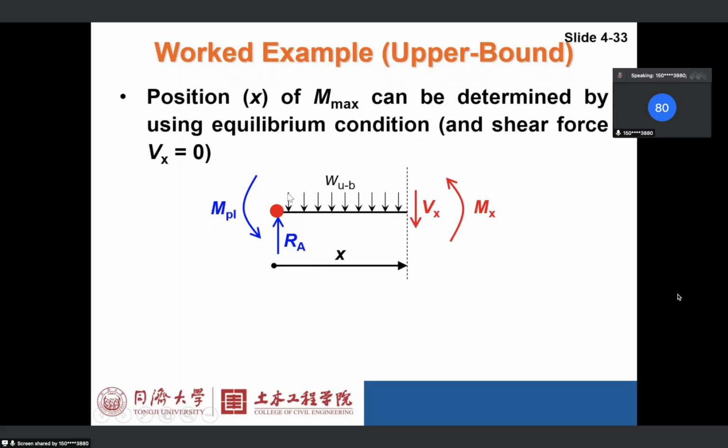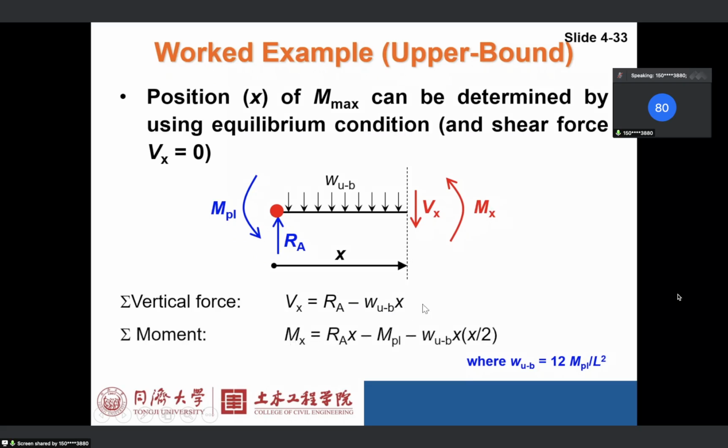So if we isolate the beam again, can you get Vx? Vx equals, using equilibrium in the vertical direction, RA minus WB times x, right? And we know WB is 12 MPL over L squared, and we know RA, so we can get x if we make Vx equal to 0.